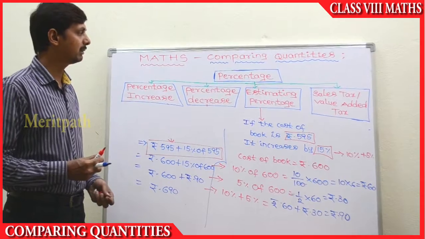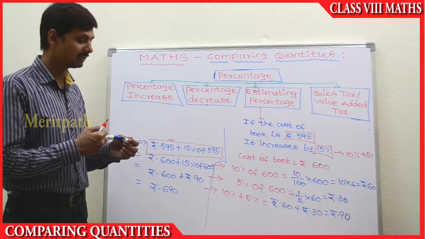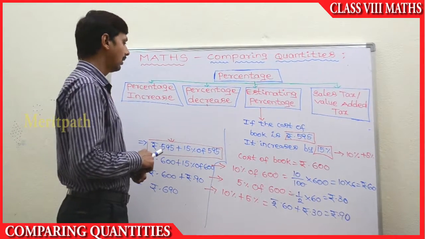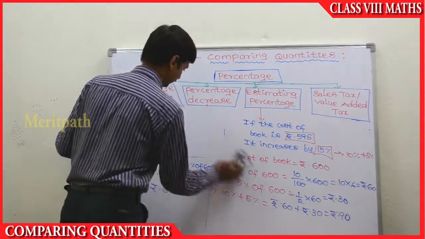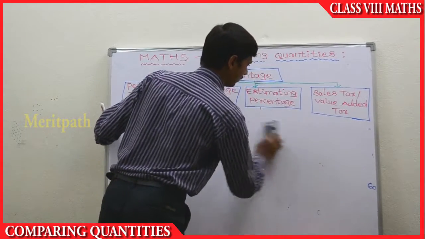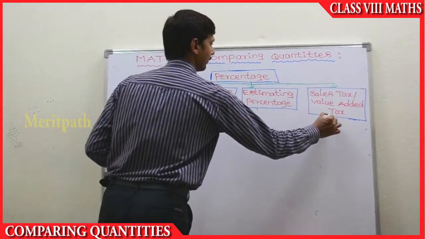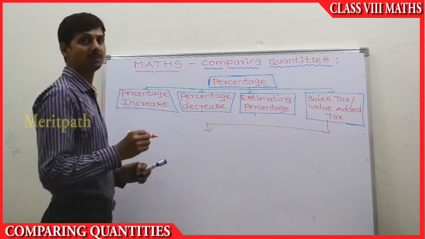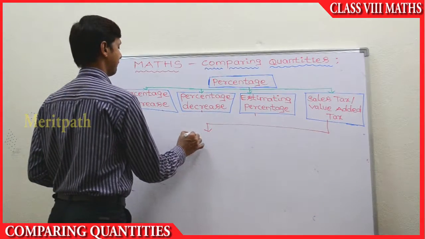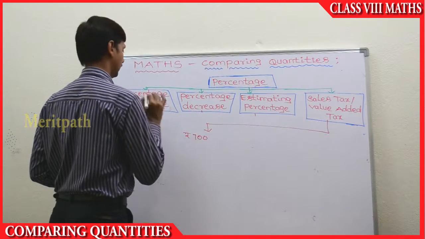So this is a concept about estimating the percentage. Let's go to the next concept, that is sales tax or value added tax. Let's take one example. We have purchased one of the things for 700 rupees.